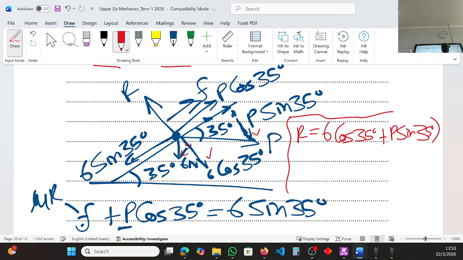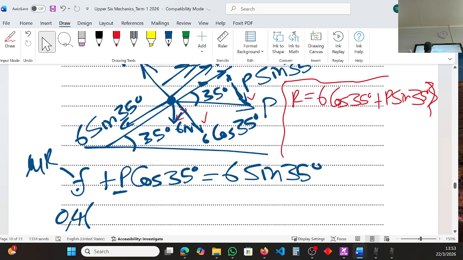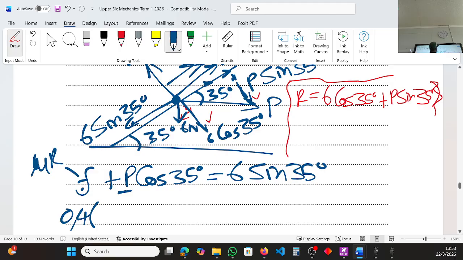There's no need to put brackets here, they're independent. Because we found our R, we can come below, and back to our substitution, it's going to be 6 cos 35 degrees and P sine 35 degrees.